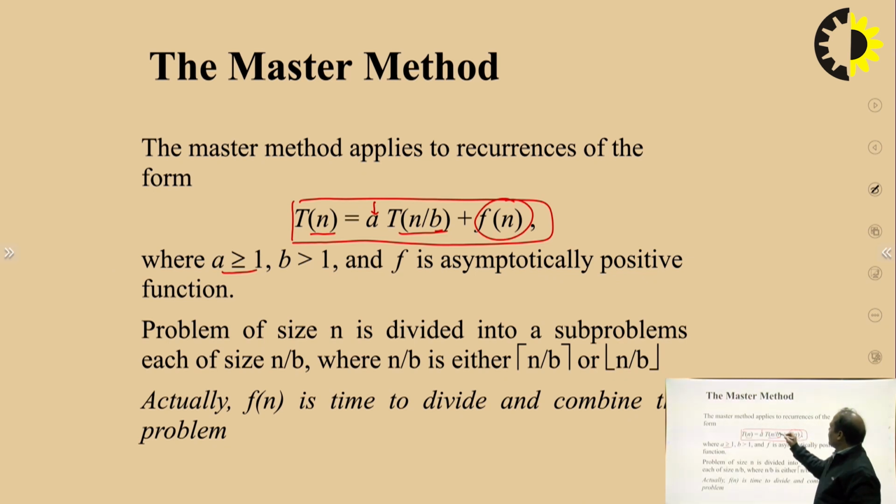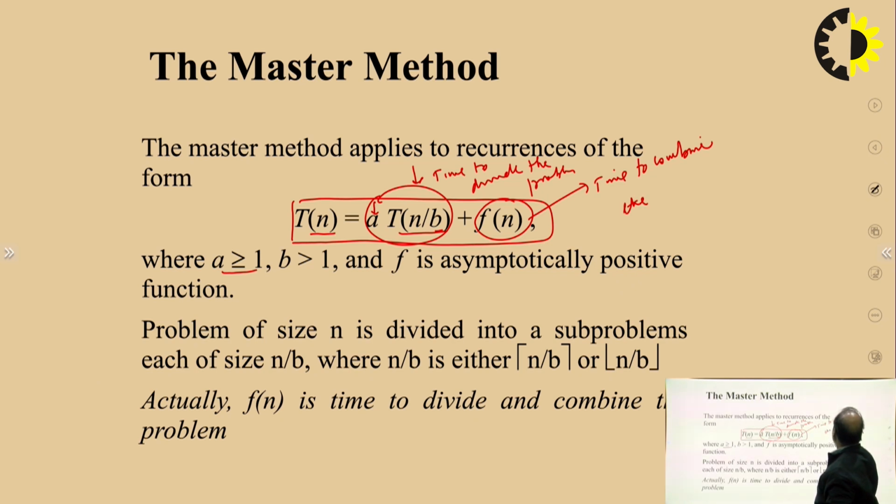Generally we call this term the time to divide the problem, and this is the time to combine the solutions of the problem. This is how we are treating the master method.